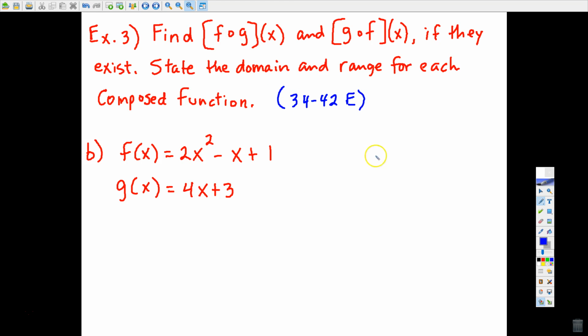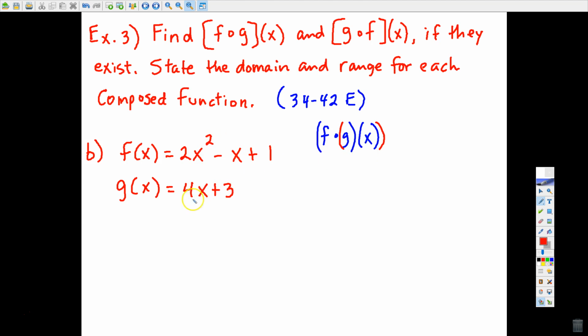Okay, well, let's try this one. Same instructions. Let's do the f of g of x. And that means we're going to take the g function, its closest. You notice how the g is closer to x, or if there's a number there, we would evaluate this first, and then that would become the input.